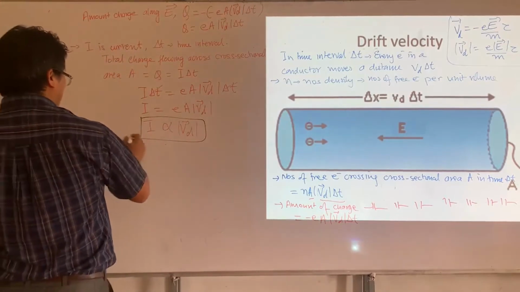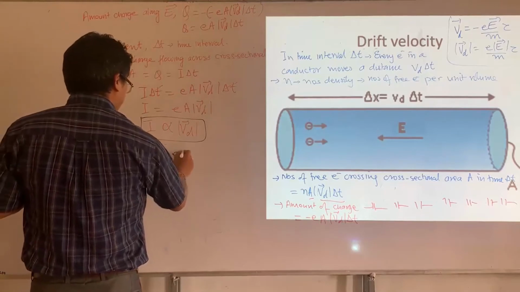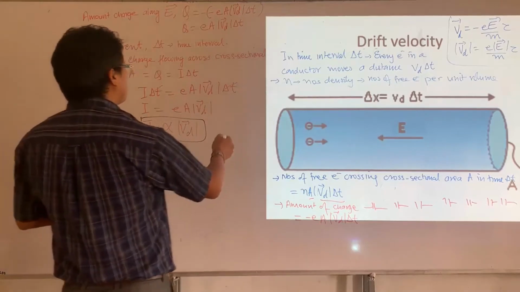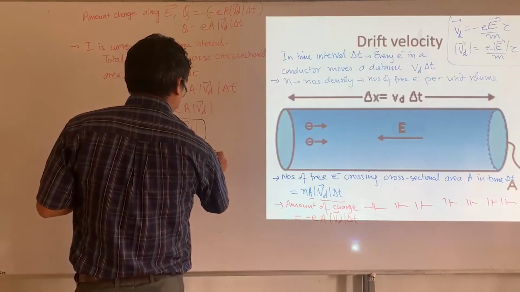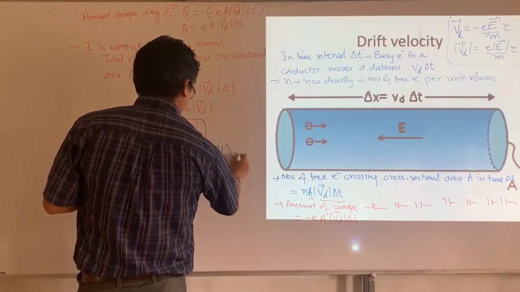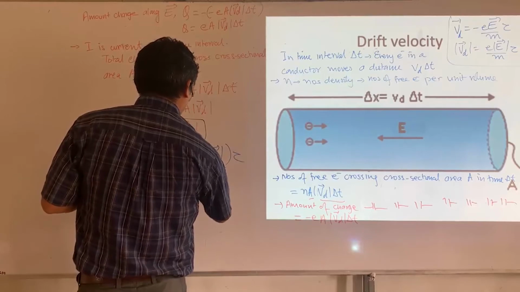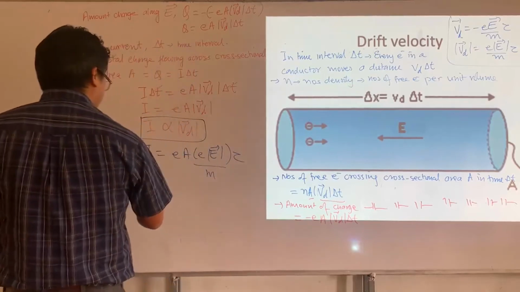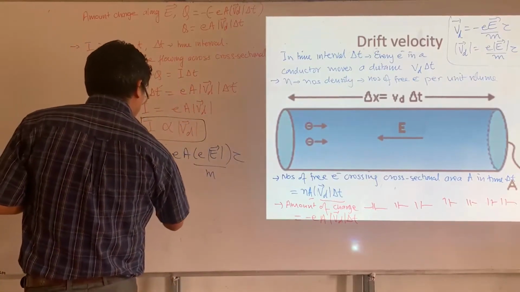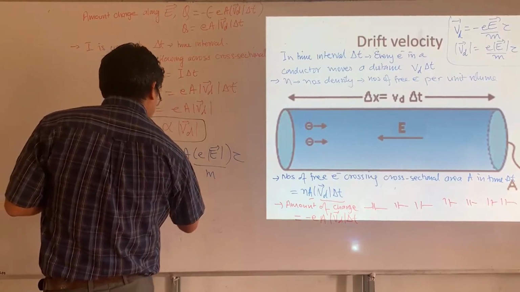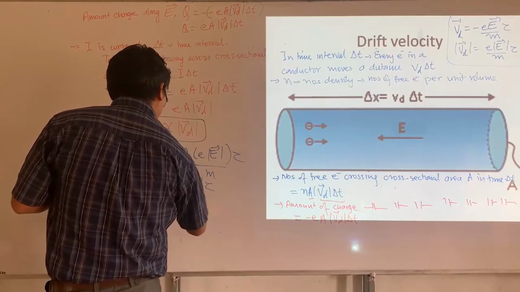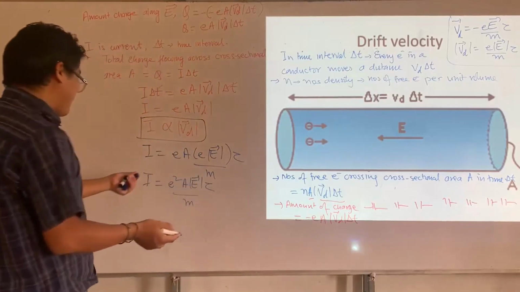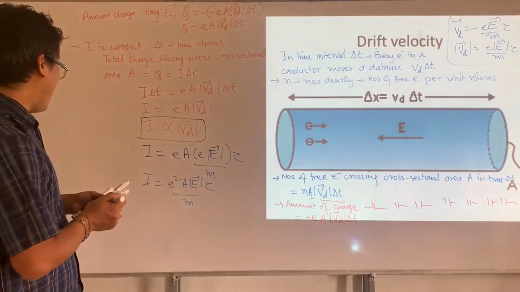Now I'll substitute this. I is equal to e A. What is drift velocity? Drift velocity is e E tau divided by m. So I is equal to e squared A electric field tau divided by m.